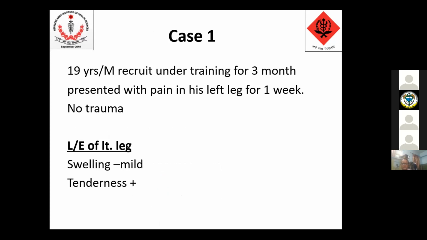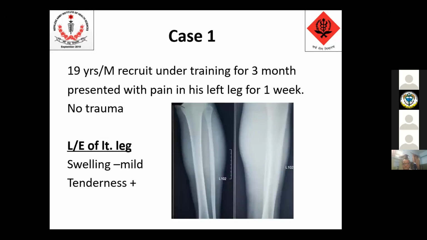So our first case: a 19-year-old male recruit under training for 3 months presented with pain in his left leg for the last 1 week, with no significant history of trauma. On local examination of his left leg, mild swelling and point tenderness were present. We sent a plain X-ray, which was normal, so the patient was asked to rest and follow up in 2 weeks.